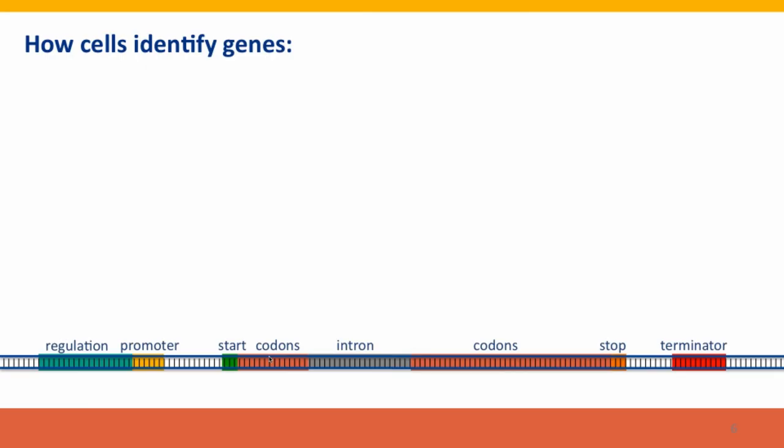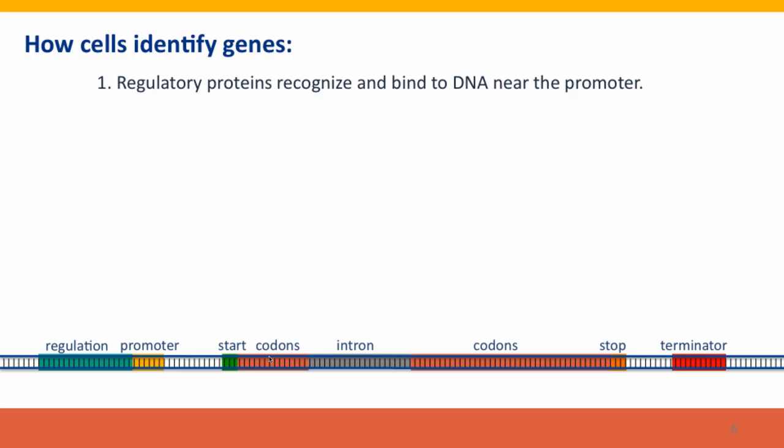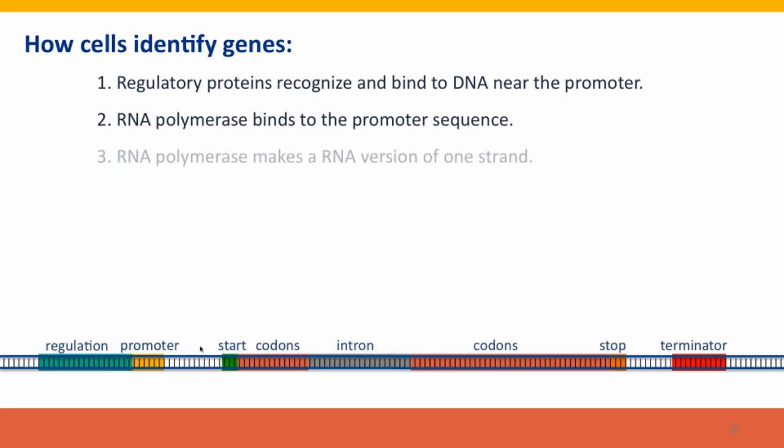Now, we talked already about how cells identify genes. I'm just going to go over it again quickly. First, regulatory proteins recognize and bind to DNA near to the promoter. RNA polymerase then binds at the promoter and initiates transcription.